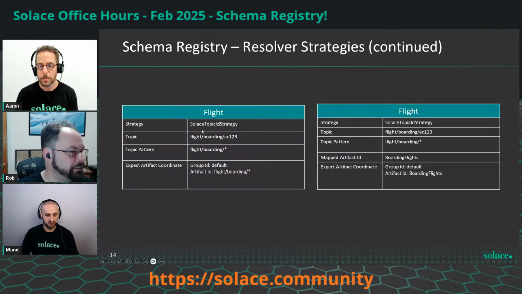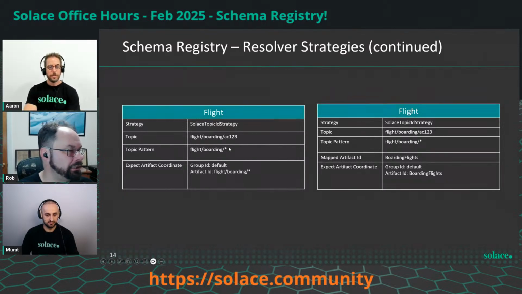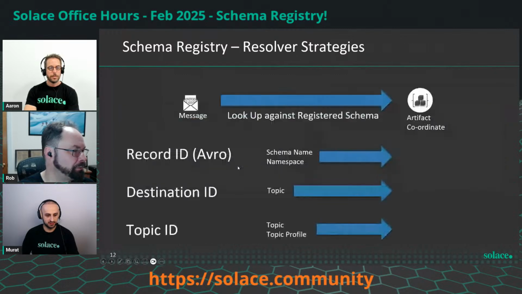And then, this is an example of the topic ID strategy that's unique to Solace, and it's basically looking at that topic pattern as the artifact ID if there isn't a topic profile.